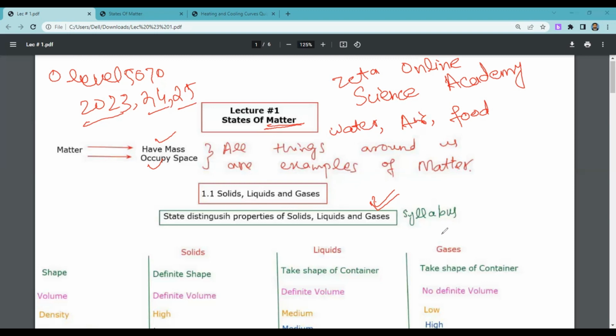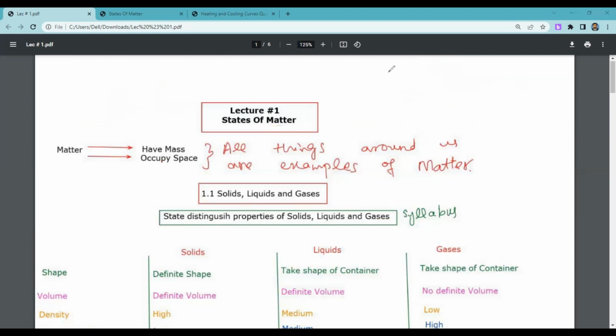So this is our syllabus. State distinguished properties of solids, liquids, and gases. Before I discuss these properties, I will discuss the structure of solids, liquids, and gases.